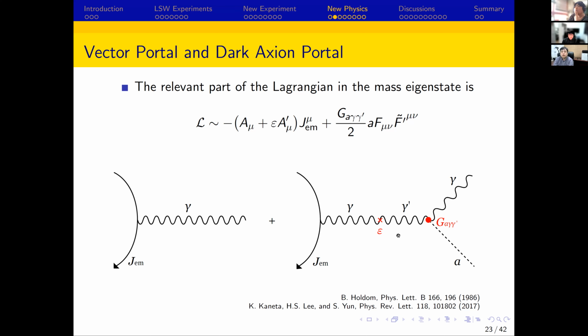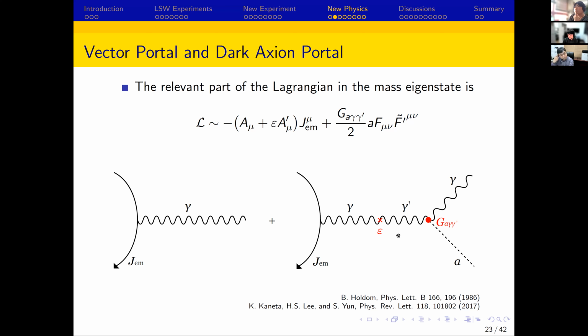I mean, as I mentioned, we have to choose a basis, and we have to stick to that basis to explain it. So let's say gamma is the mass eigenstate, then gamma prime is a virtual state. Then what's wrong? Gamma is the mass eigenstate, and gamma prime is just a virtual state. So you still have the same diagram.